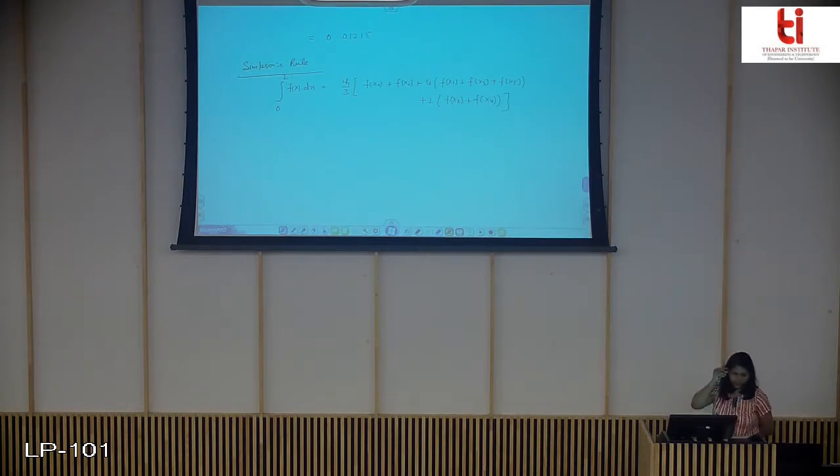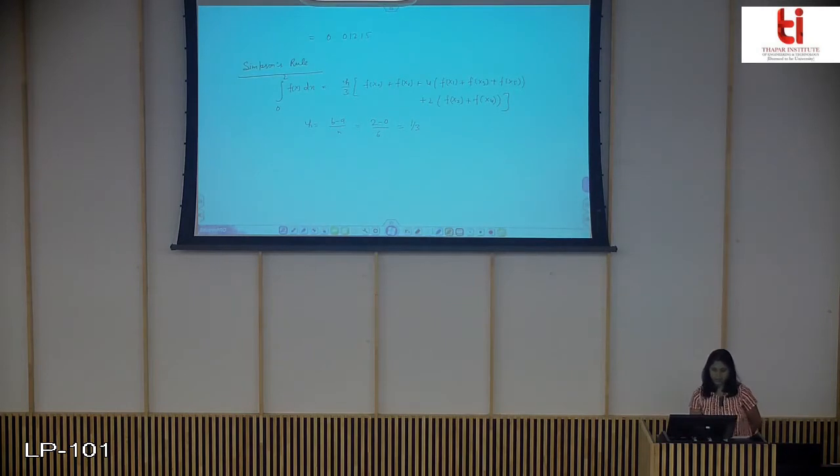So here h is (b minus a) upon 2n... sorry, just keep in mind it is (b minus a) upon n, that is 2 minus 0 upon 6, that is 1 by 3, because we divide the whole interval into 6 parts only now.